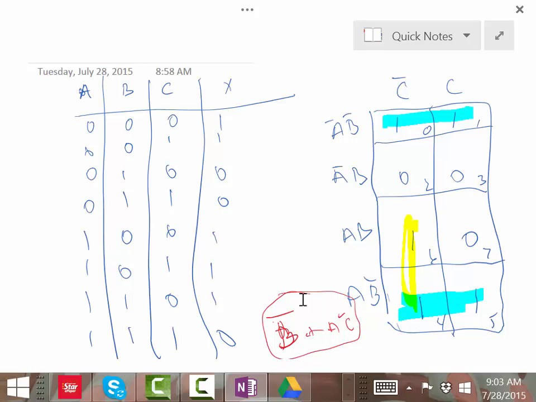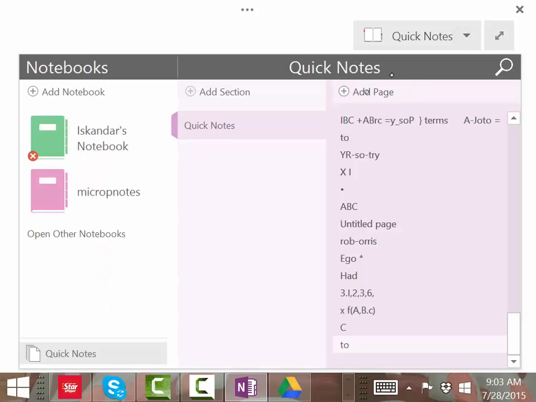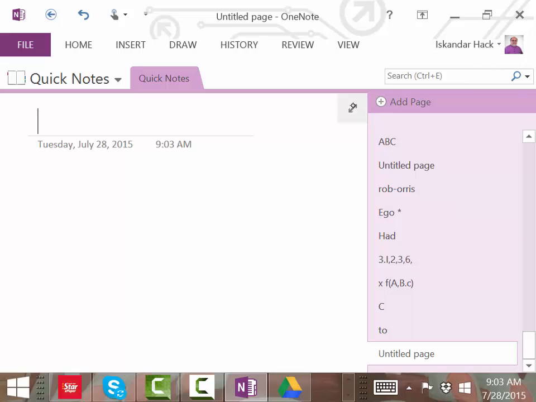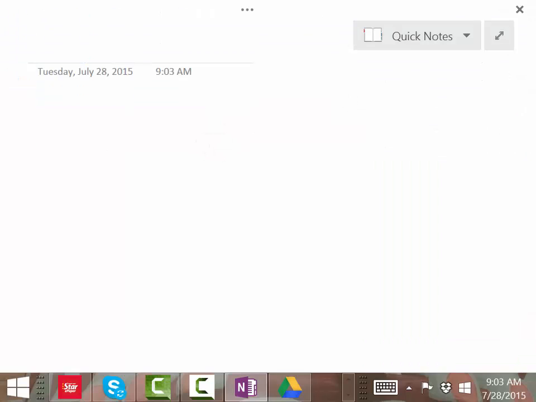So let's go ahead and do another page here.